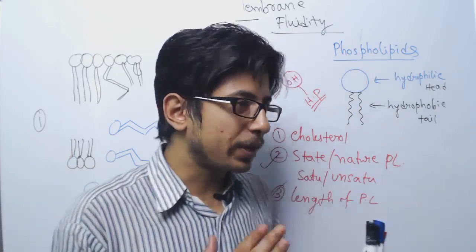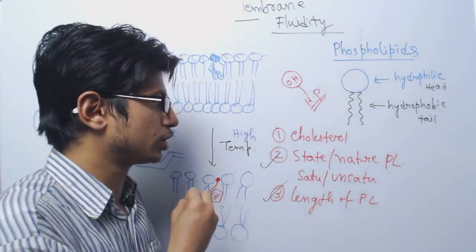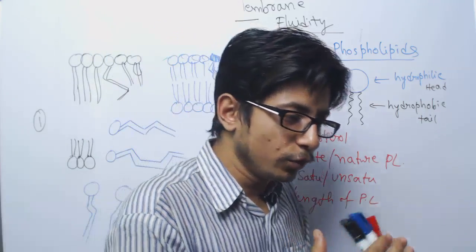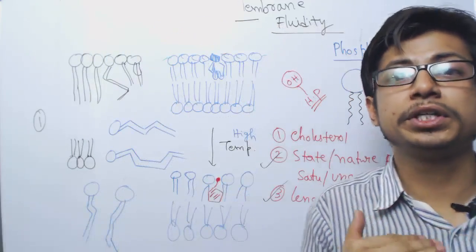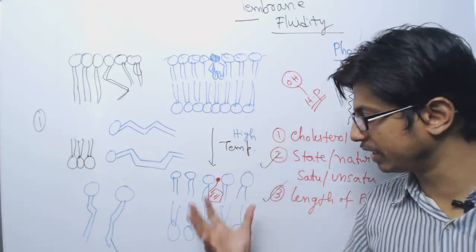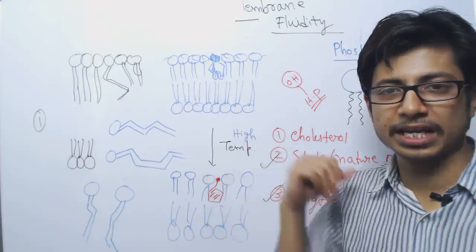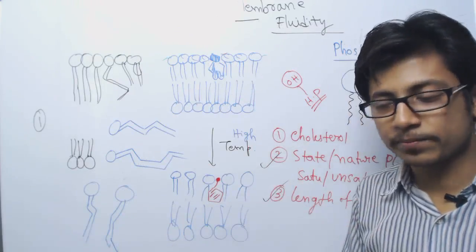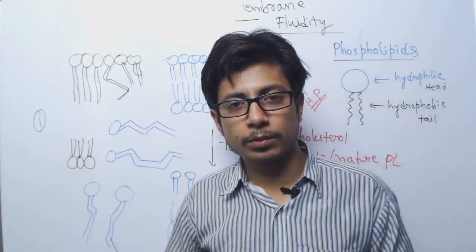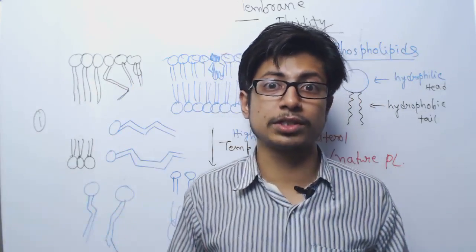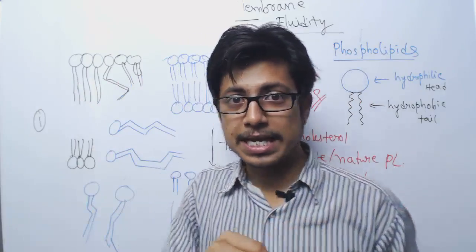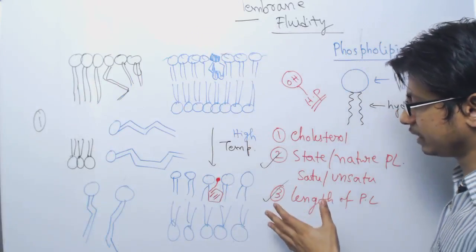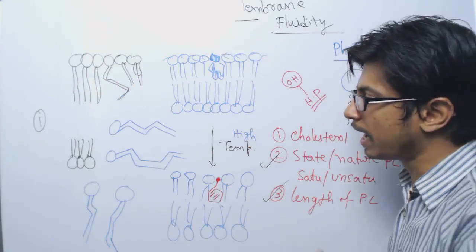That is how the presence of cholesterol controls the change in the fluidity of the membrane from the crystalline state to the liquid state, and again from the liquid to the crystalline state. It's very, very important. So all those organisms that do these thermoregulation processes always rely on these things.